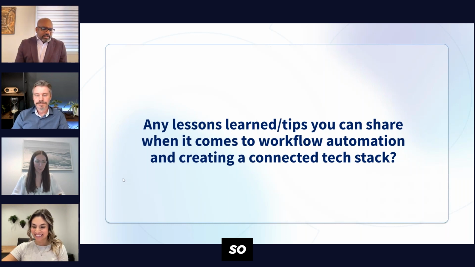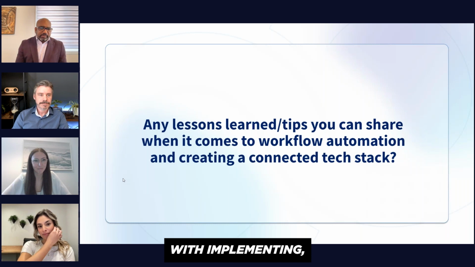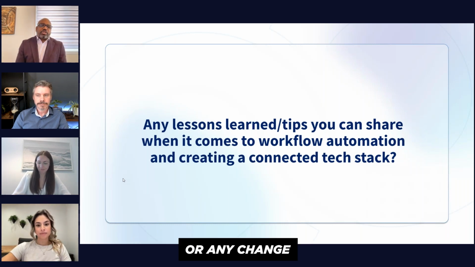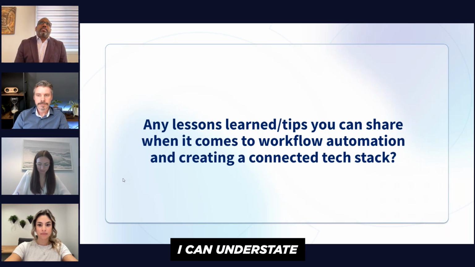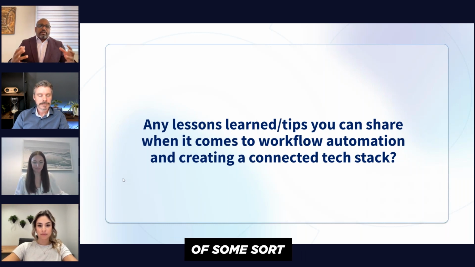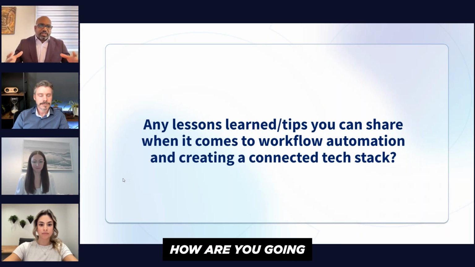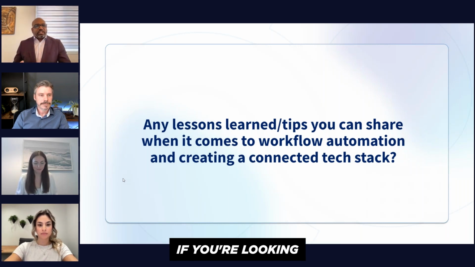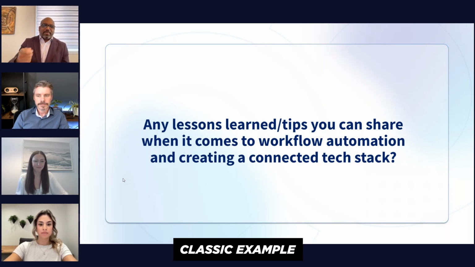So I think that with implementing any workflow automation or any change in business process, I can't understate the importance of some sort of structured change management plan, right? How are you going to effectuate this change? If you're looking to automate a process, it goes back to the classic example of these receipts.